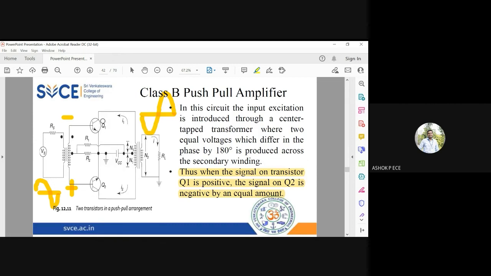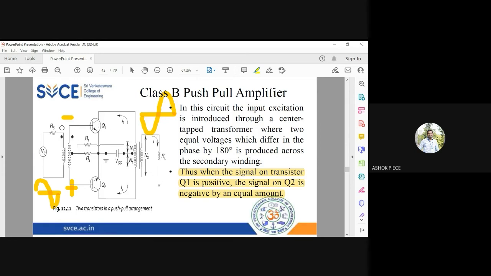Next cycle Q1 is off and Q2 is on, and you get the next portion of the sine wave, and this cycle continues. So the transistors amplify your signal in a very efficient way. But in class A, a single transistor was amplifying the entire signal. In class B, since the transistor is on only for 50% of the time, you need two transistors to completely amplify your signal.